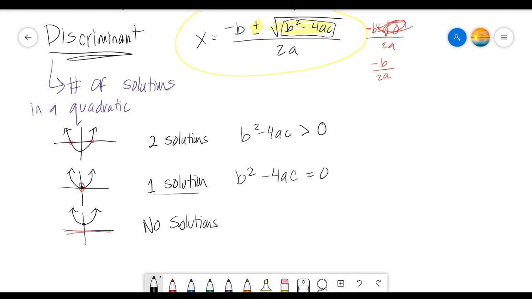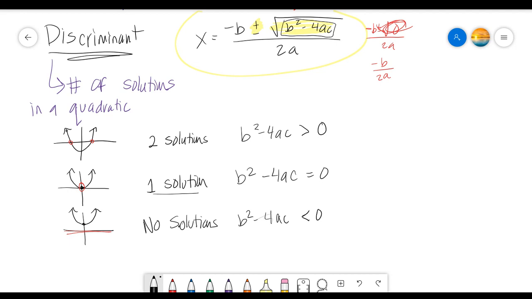So what would make this have no solutions? If b squared minus 4ac is equal to 0, it'll give us only one solution. What's going to happen if it's less than 0?